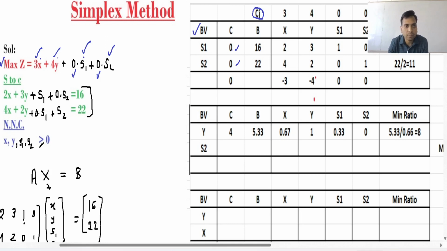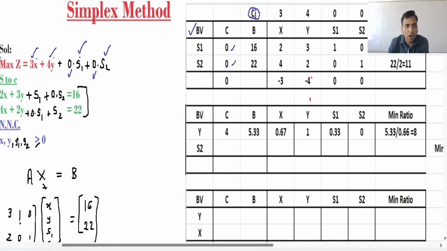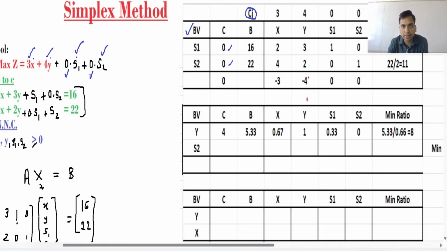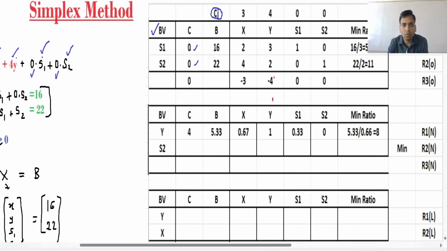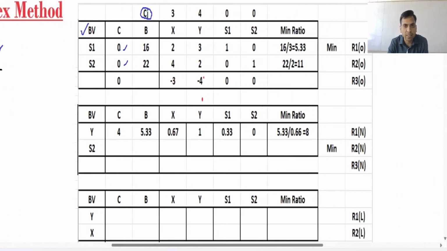So these are 4 variables with their coefficients. Now in this block x, y, S1, S2, 4 variables, these are the coefficients in the constraints, just like this 2 and 4 for x, this 3 and 2 for y, and so on. Now we will do the rest of the things.